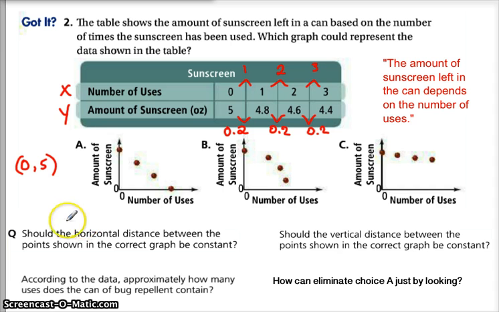Should the horizontal distance, and that means this distance on the x-axis, between points shown in the correct graph be constant? What we mean by that is between the points, should they move the same amount horizontally? And we'll see which ones they do and which ones they don't.